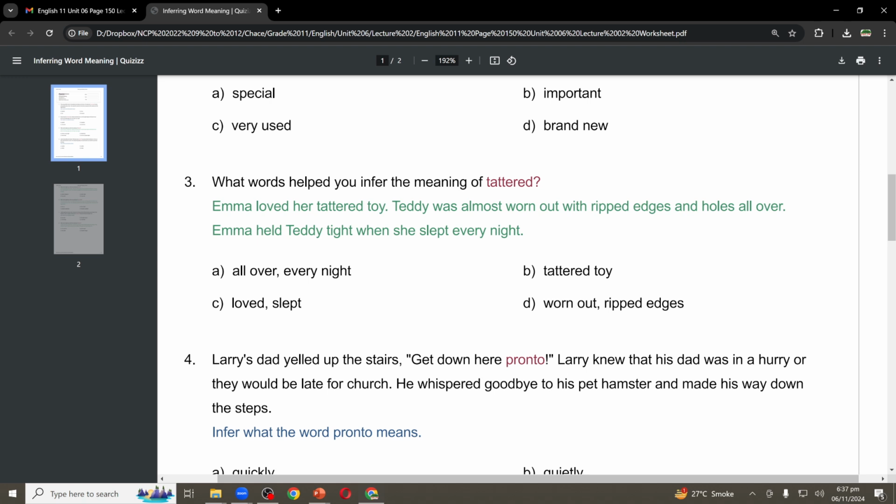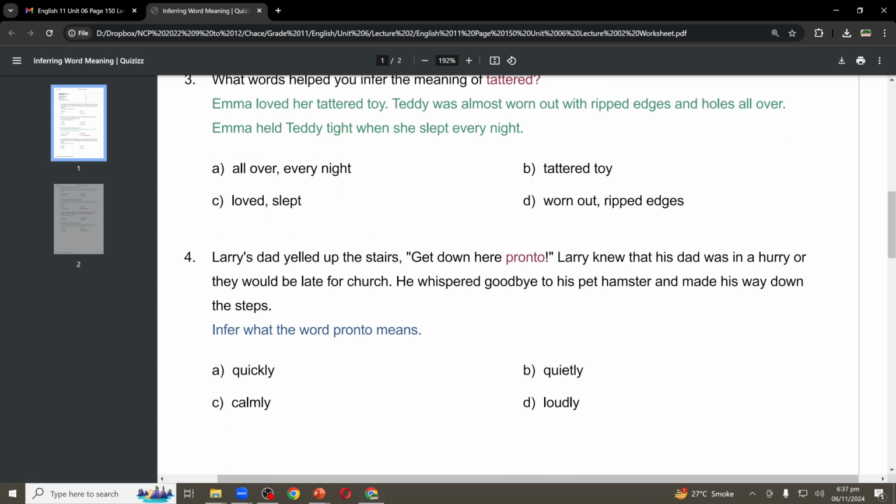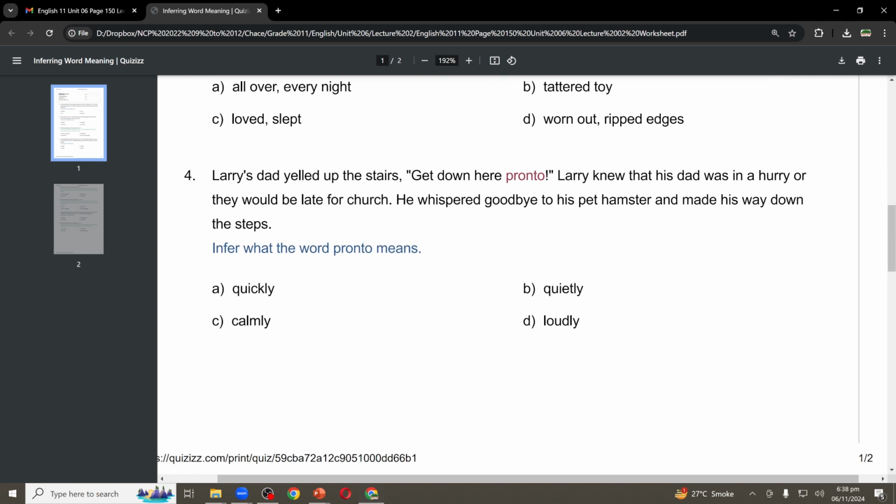What are those words that help us reach the correct meaning? All over, every night, option A, no. Loved, slept, no. Option B, tattered toy, this was the word. Option D, worn out, ripped edges, holes. These are the words that helped us in finding out the meaning of the word tattered.